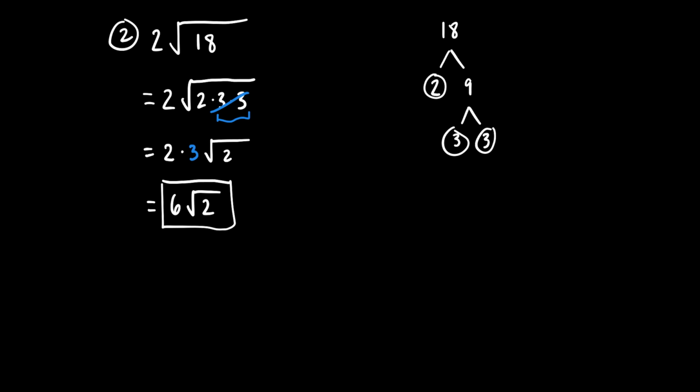To be fair to the people who like the other method that I showed, if you had 2 radical 18, this would be equal to 2 radical, and then is there any way we could break 18 down so that we would get a perfect square as one of the factors? We can. It would be 2 and 9, actually. So this would be 2 times the square root of 2 times the square root of 9.